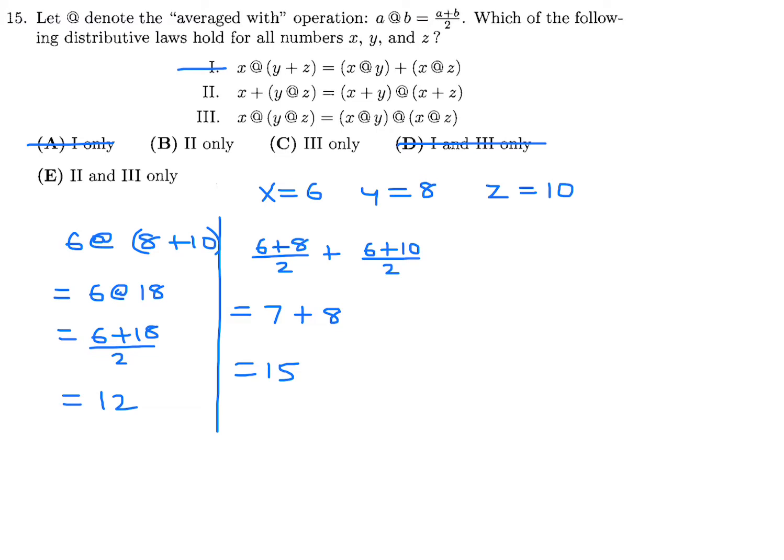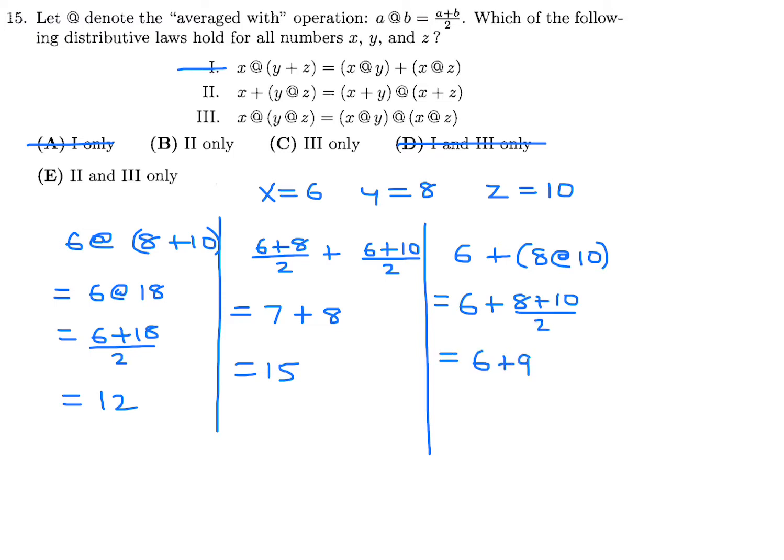So let's see now, continuing. For the second one, we've got x plus y at z, so we have 6 plus 8 at 10 for that left side. So that's 6 plus 8 plus 10 over 2, and that is 6 plus 9, which is 15.